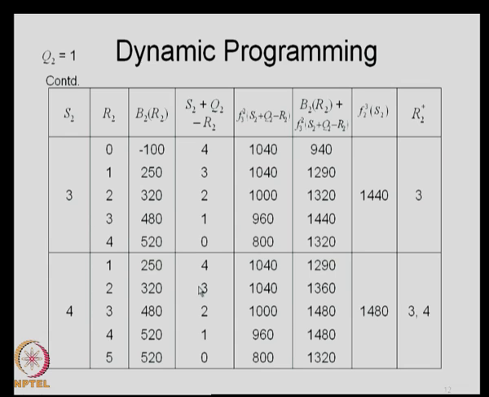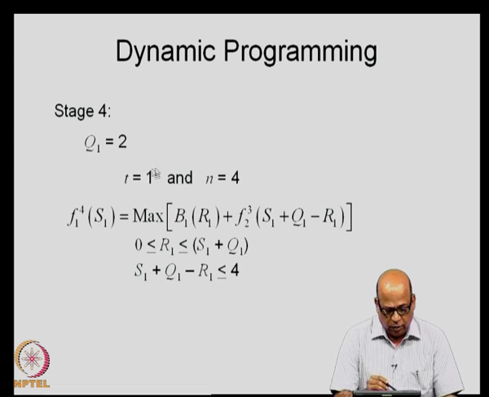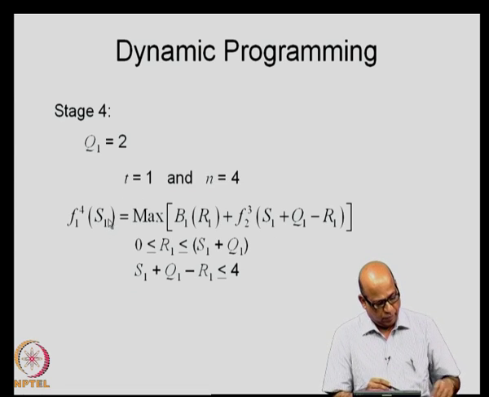Now, we come to the fourth stage, that is stage number 4. It is T1 is equal to 1 now and n is equal to 4. We have to solve for values of S1. What are the values of S1?